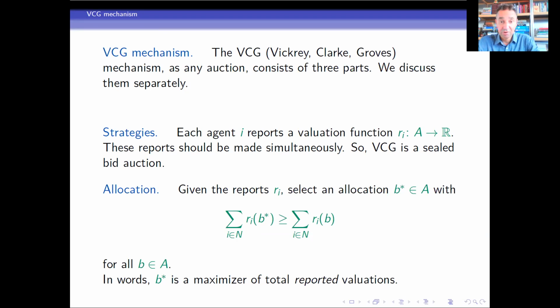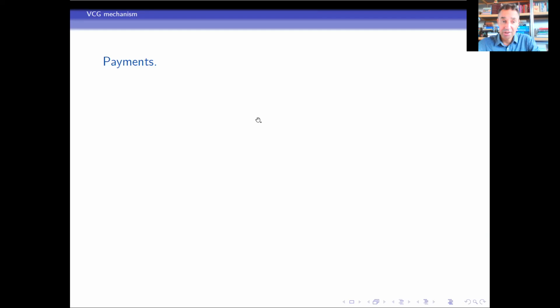And then even though we know that they may lie about that, we act as if they reported the truth, and very naively we maximize the reported total utility. So how are we now going to prevent agents from reporting untruthfully? Well, that is done in the payments, and that is the clever part of this construction.